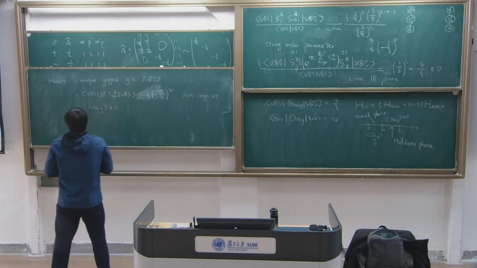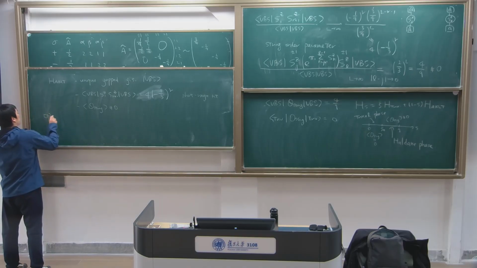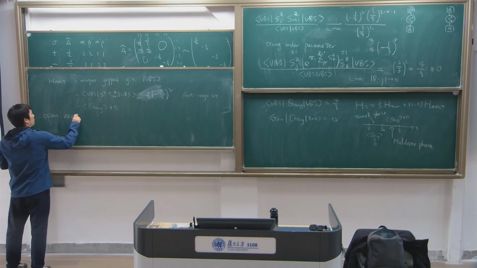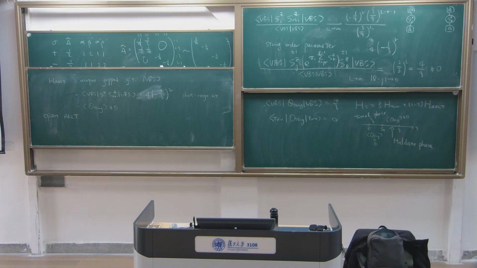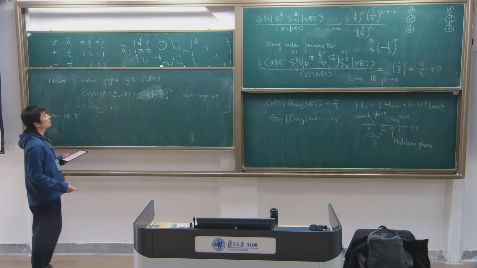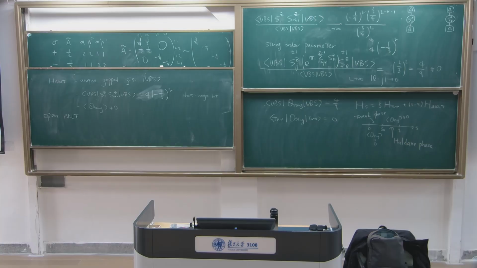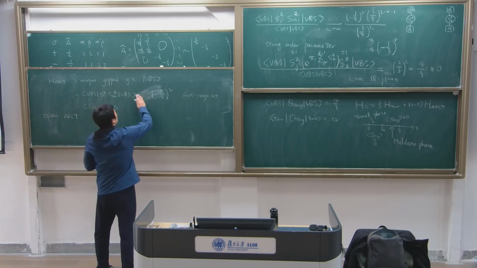So now we want to consider open AKLT. If you consider open AKLT, the coefficient of the diagonal should be 4/3 multiplied by the minus 1/3.